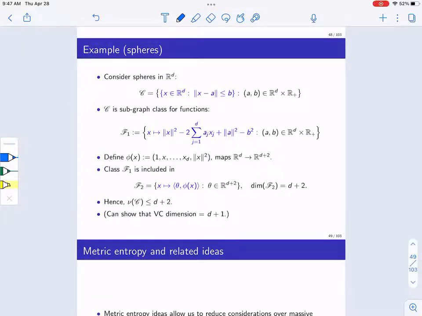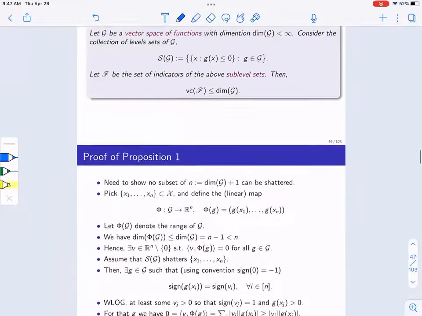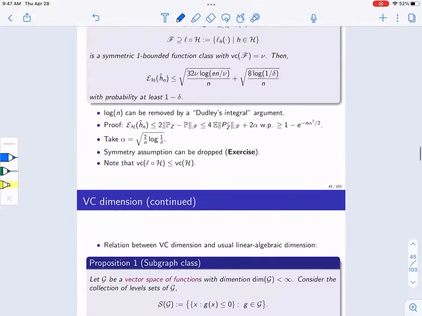Okay, so now let's move on to the techniques. I want to talk a little bit about the techniques that allow you to remove this log n, and they're useful.